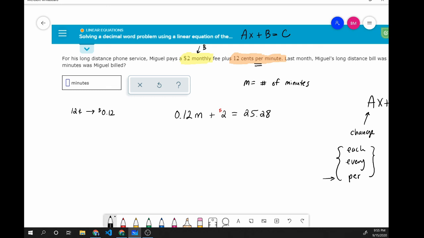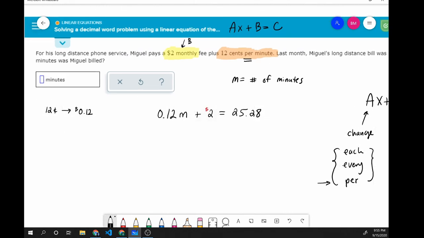I'm going to do our problem. All right. Again, we have a plus here, so I'm going to do a minus 2 on both sides to get rid of that. And I'll draw my line down the middle. Keep myself nice and organized. My plus 2 and minus 2 do cancel out. So I have 0.12 M is equal to 23.28.